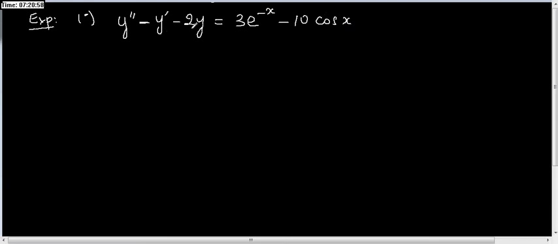So here we have constant coefficients, and then here we have a combination of two different types.